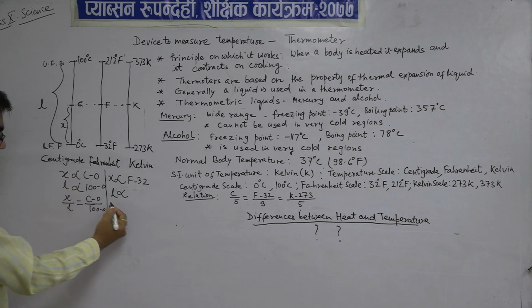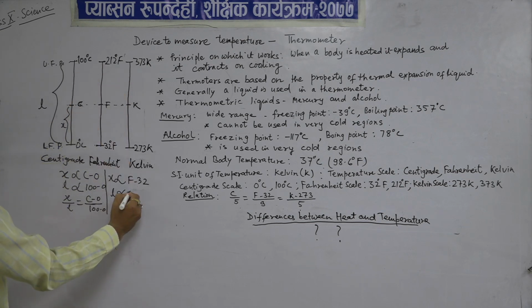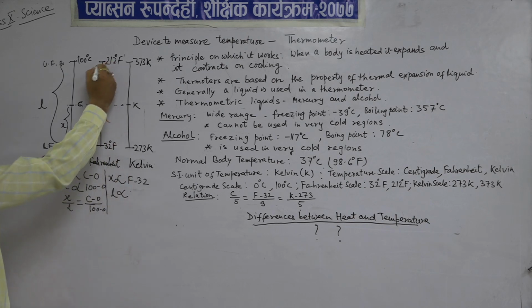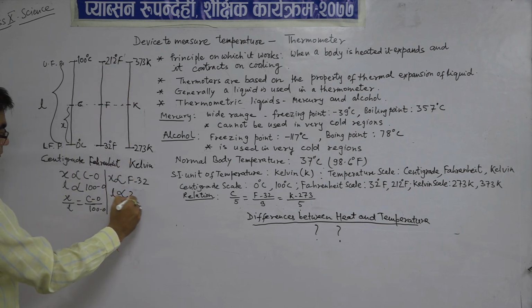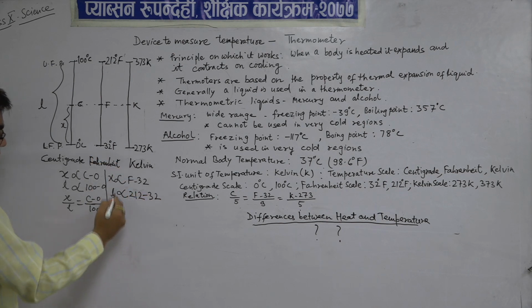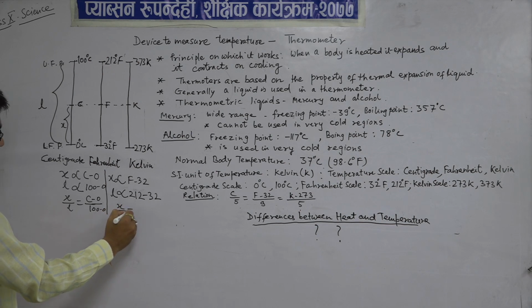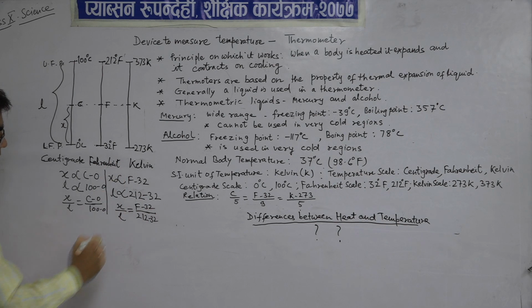So L is proportional to 212 minus 32. From here to here is L. So in this case also, x upon L is equal to F minus 32 upon 212 minus 32.